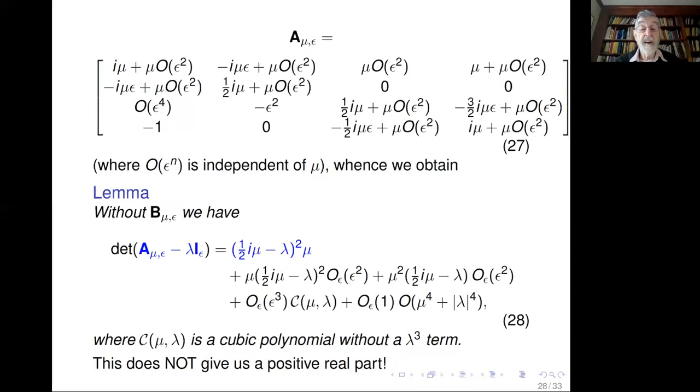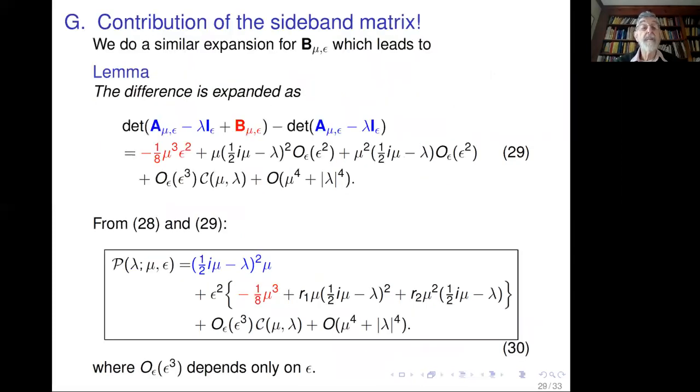Therefore, somewhat to our surprise, we found that we need to look at those B terms. When you include all the terms, you get this blue term that I had before, which only gives you an imaginary eigenvalue, with error terms too. And the sideband terms give you a new term right here.